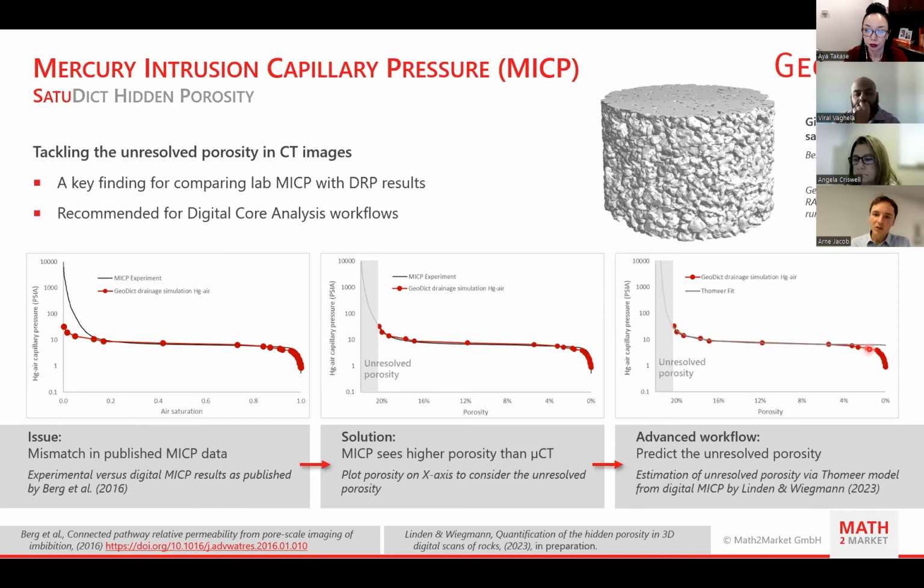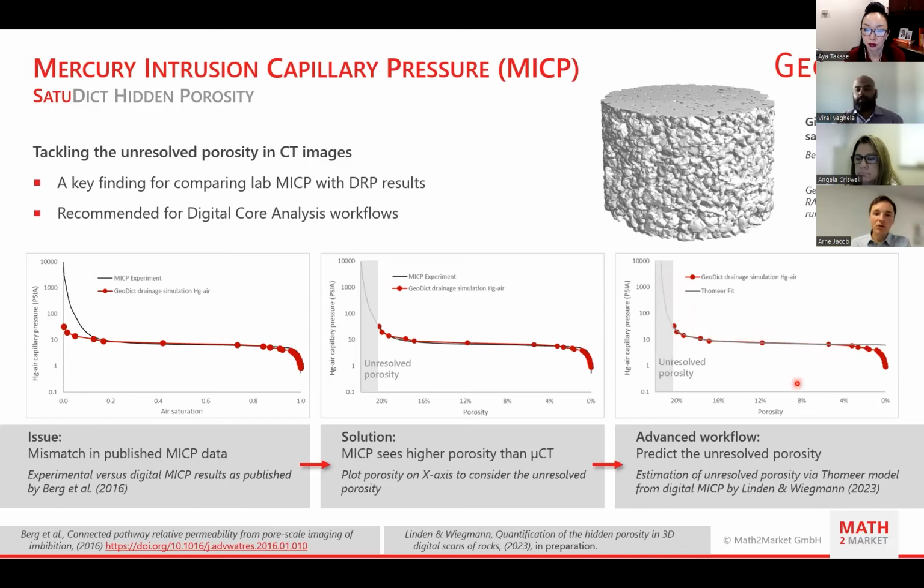So by only computing MICP simulations on the structure you obtain from micro-CT, you can model the amount of unresolved porosity that would be visible in an experimental approach. And then the curves would be almost exactly the same.